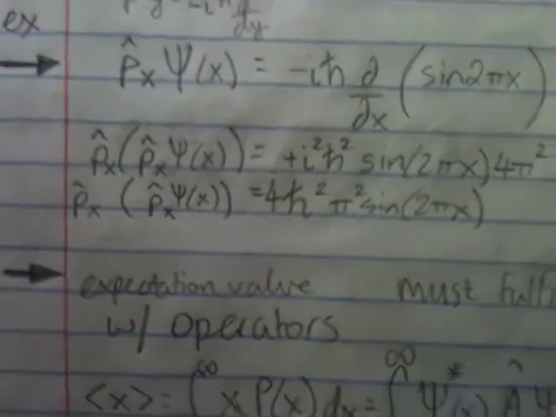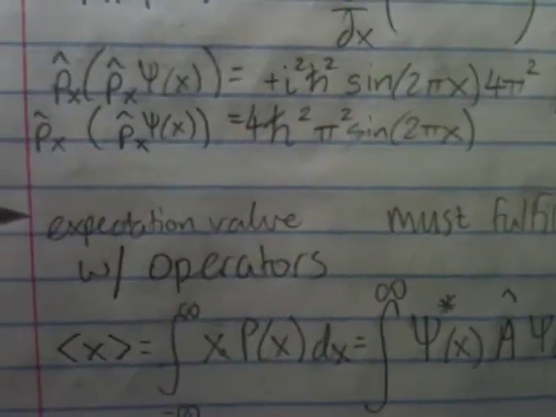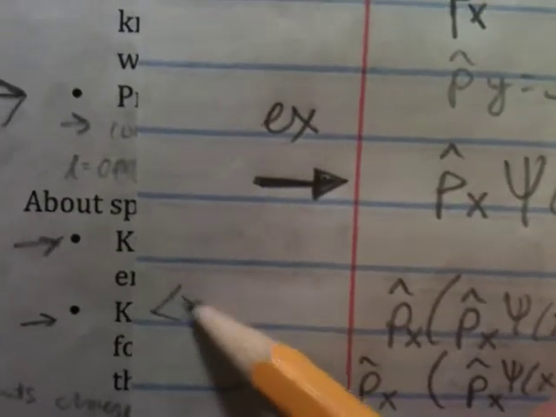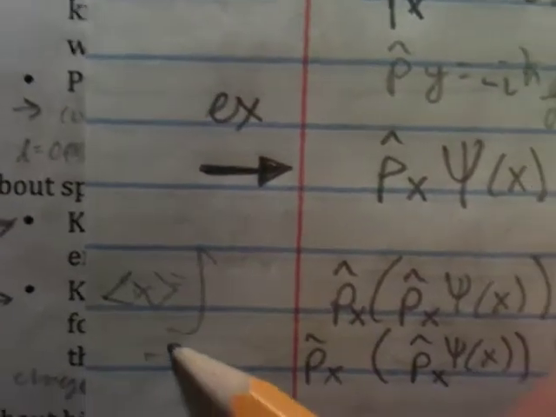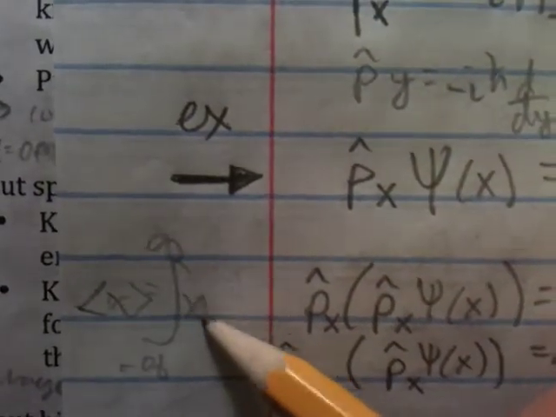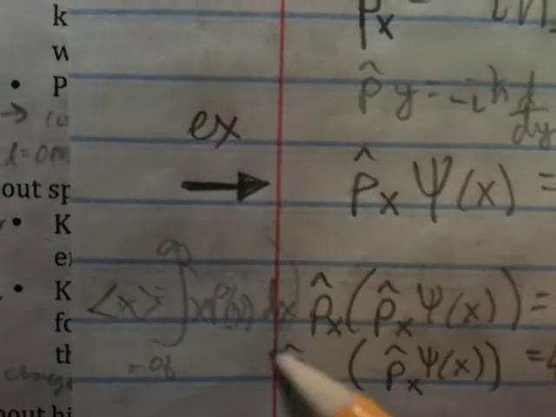And it's important to know that if you're doing expectation value, let's recap. We'll recap off to the side here. Expectation value of, let's say x, so position, was equal to the integral from negative infinity to infinity of x times psi squared dx. Remember?